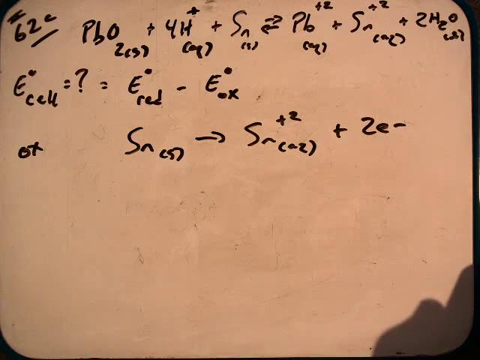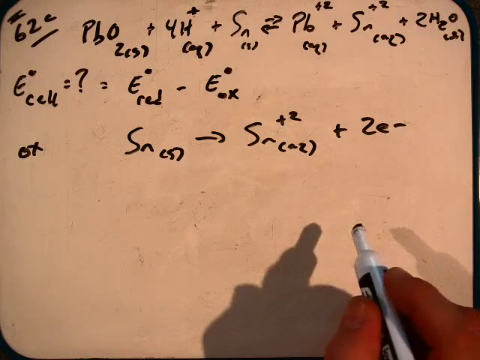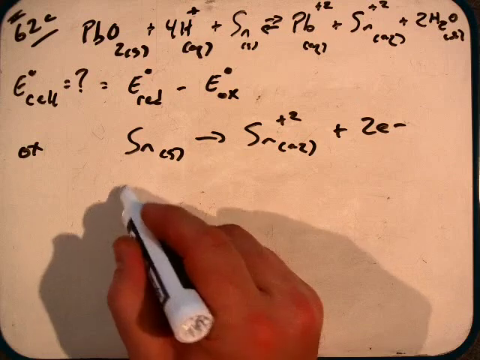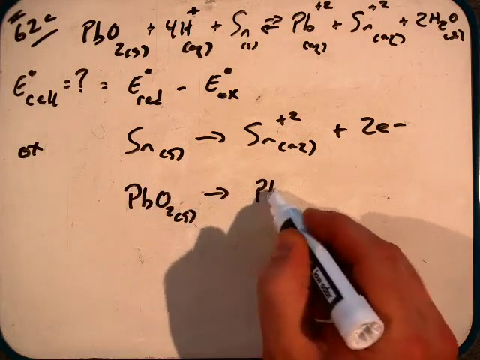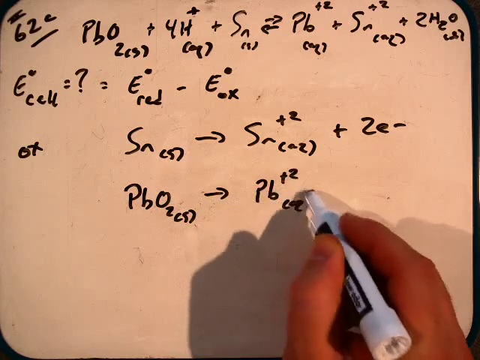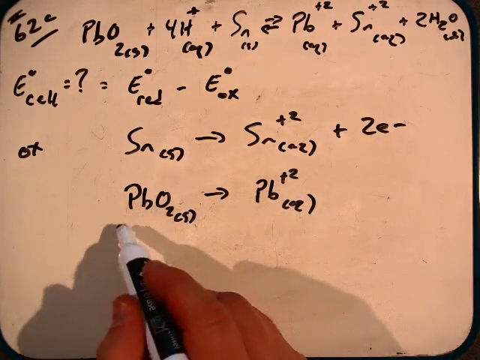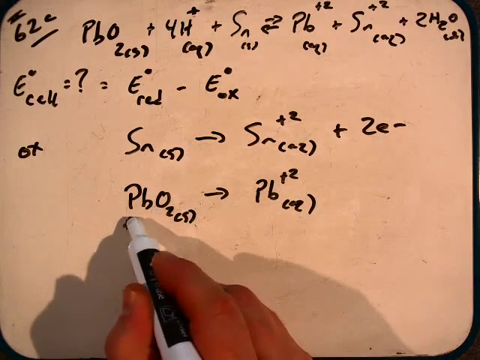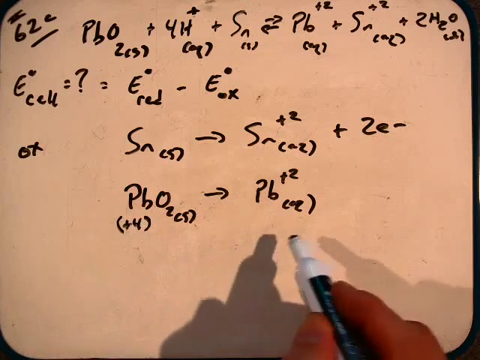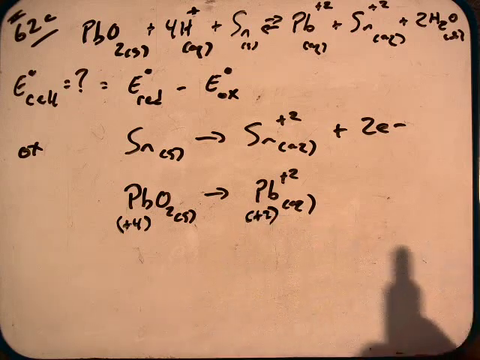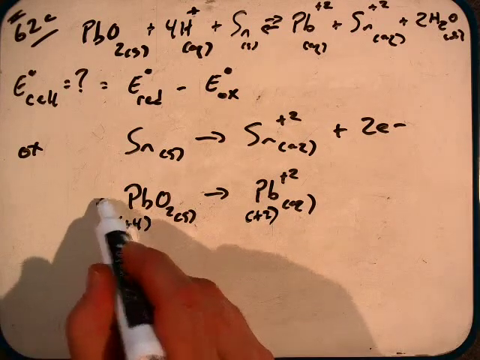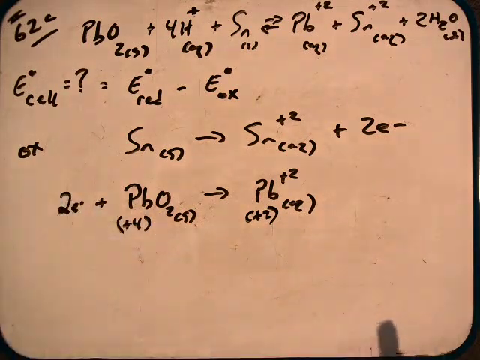The lead oxide is also going to plus 2, but if we start to look at our numbers here, the lead here is actually in a plus 4 oxidation state, and it's a plus 2 oxidation state here, so we're actually adding 2 electrons for that process.